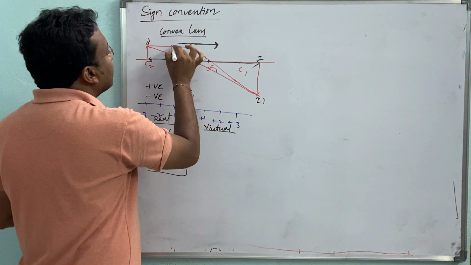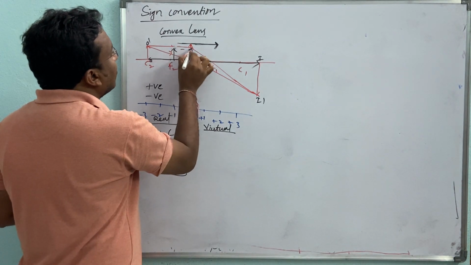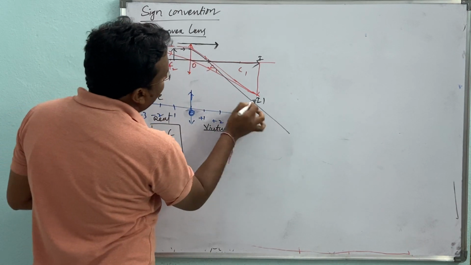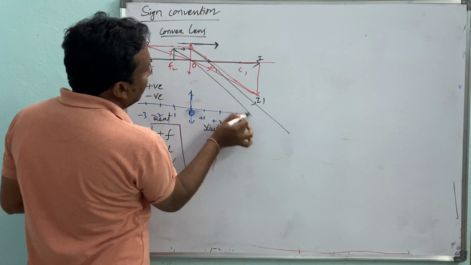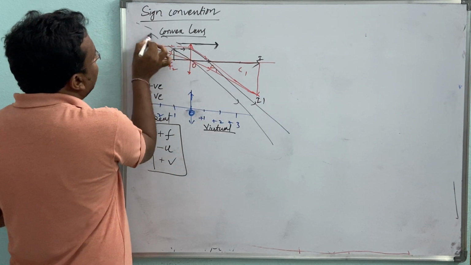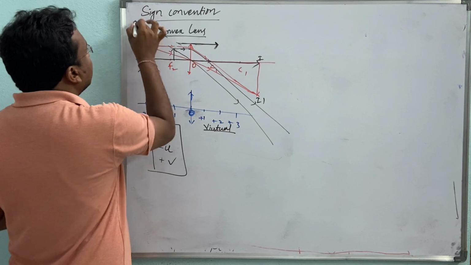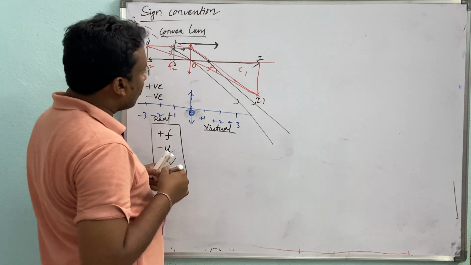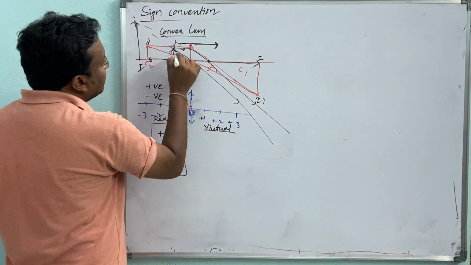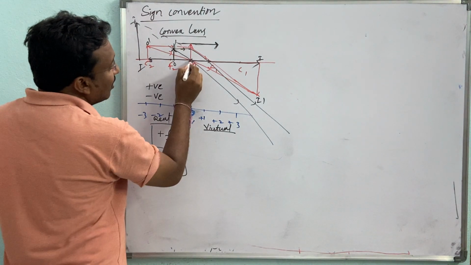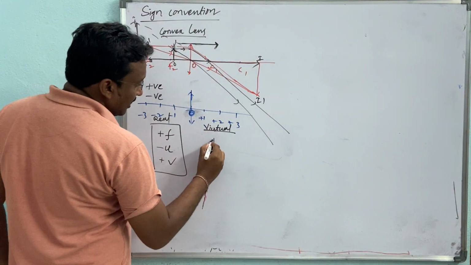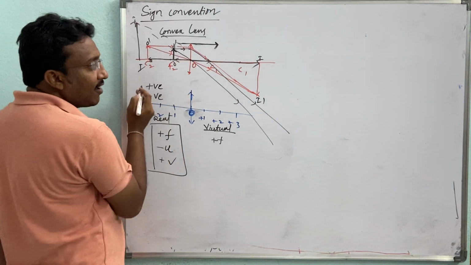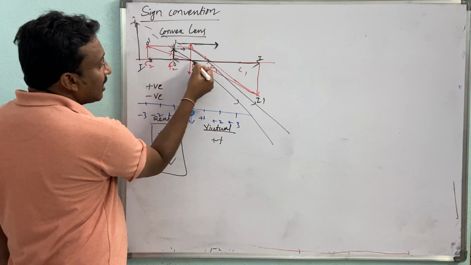For example, this is the image, between pole and focus, right? In such case, we have to extend it backward. Here the image, for example. Then see the object distance. First the focal length only. This is on which side? This side. So it is positive. The object distance is in this direction, on the left side. Then I have to measure in this direction.